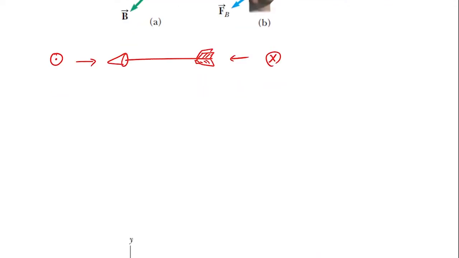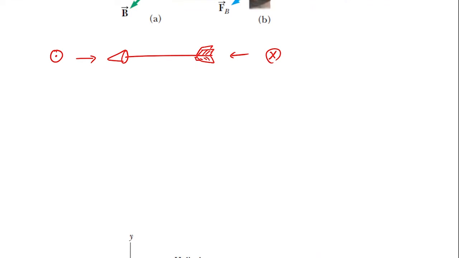Okay, so say there's a magnetic field coming out of the page like this. I'm going to draw the field in different colors so it's easier to see. So this is the field coming out of the page, and it's a uniform field.